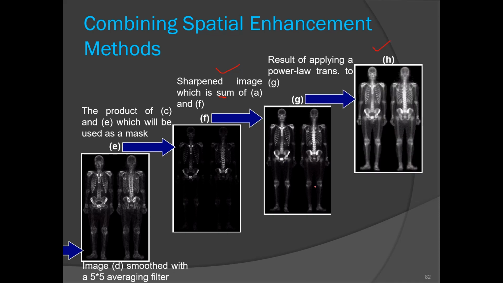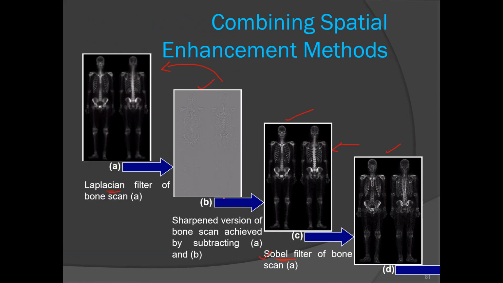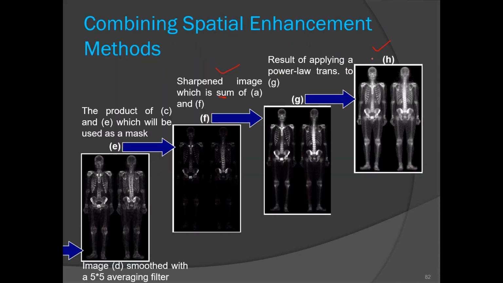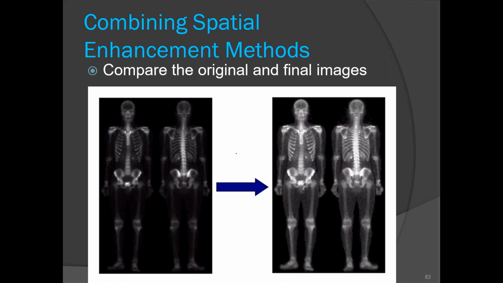From A to H we have applied these many operations, and if you see the final result, we have a much better result. The idea is we generally don't apply a single operation; we have to apply a sequence of operations to get the desired result. You have to decide according to your problem statement which operations are required.